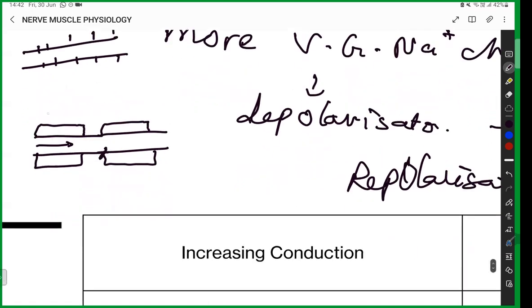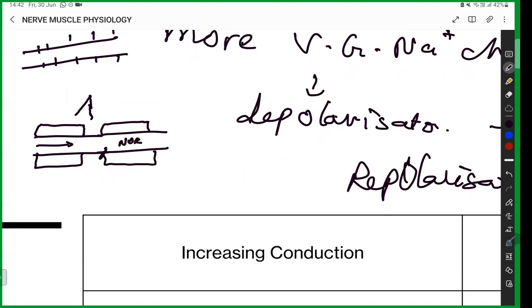Here you're going to have an upstroke, but because of the node of Ranvier, there can be a reduction in the action potential. Even though there is a reduction, once again there is going to be calcium channel opening. And when multiple sodium ions reach here, it's going to reach your node of Ranvier.